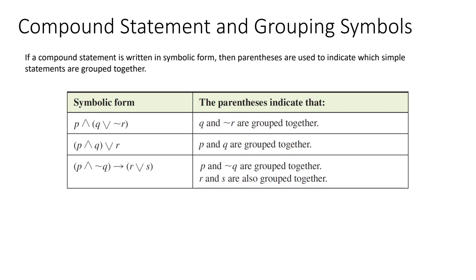If you look at my table, on the first arrow, you see parentheses, Q or not R. Those parentheses indicate that these sentences are grouped together, Q and negation R. When you write this in English, usually we use commas to separate those groups.